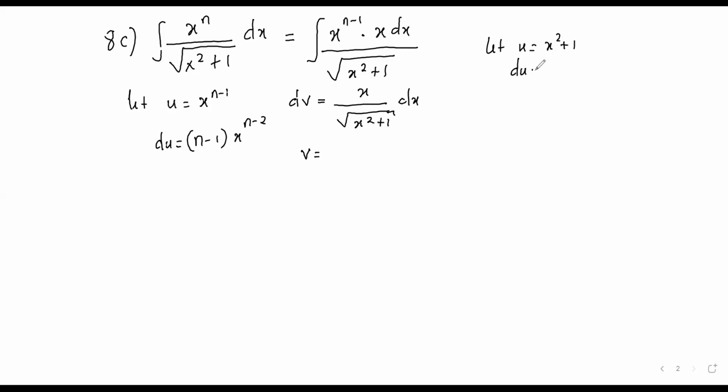And then your du will be 2x dx. I think we did this type of integral, except we just had x squared plus 1 not in the root. Okay, so after you work out your dx, your x dx turns out to be du over 2. And then you can substitute there. You have your integral as 1 over 2 du over root u. So you can now work out that integral.